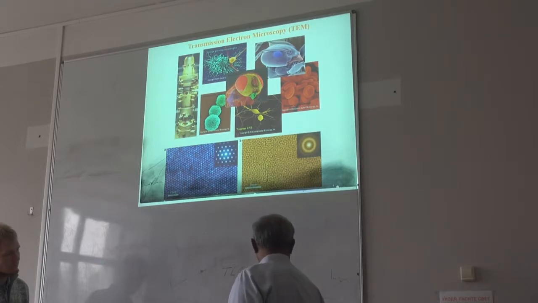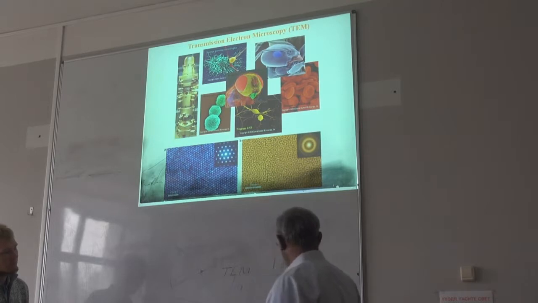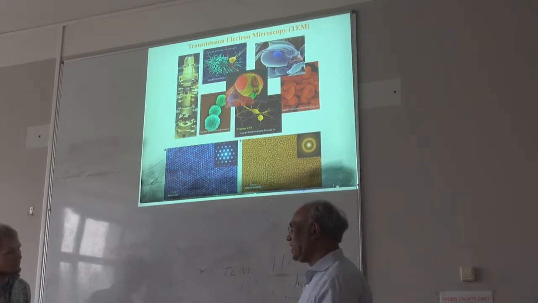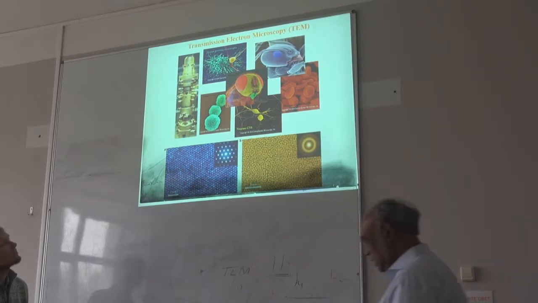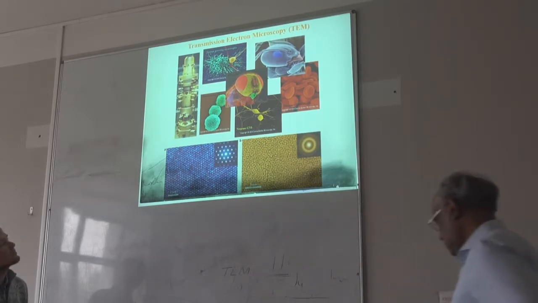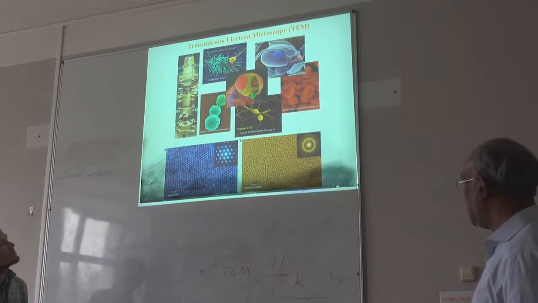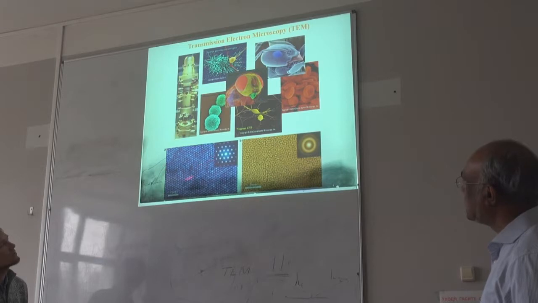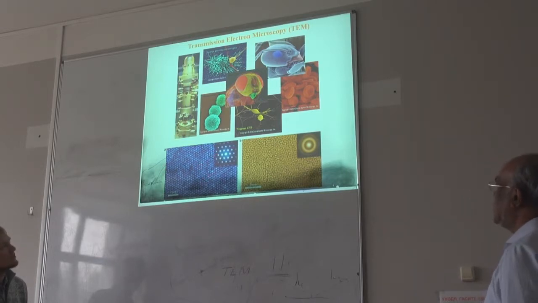If this K2 minus K1 is close to what is called the reciprocal wave vector, you can see the diffraction pattern. You can see a diffraction pattern coming from this nice crystalline structure. That's why you have regular diffraction spots here.